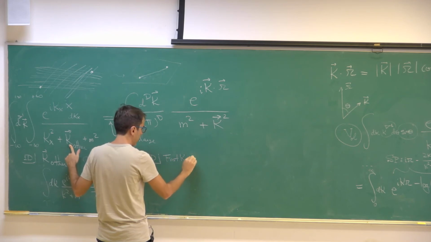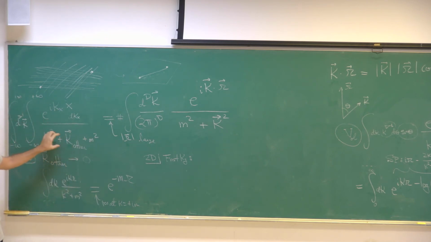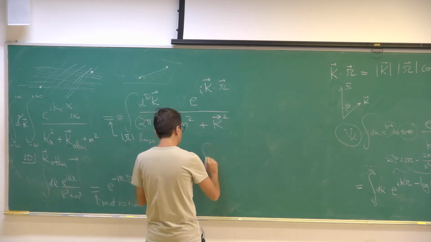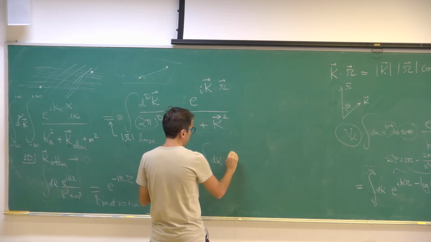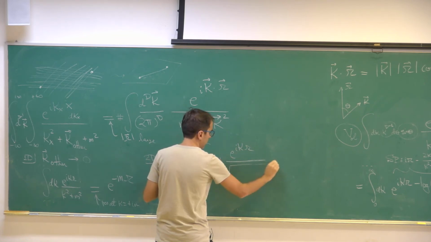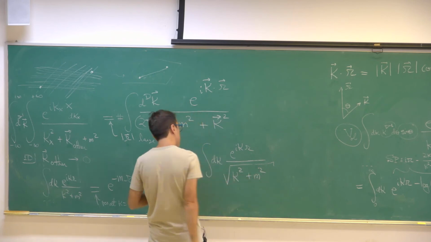ky. If we do the integral over ky, I have a residue at square root of the rest times i and minus square root of the rest times i. Do I close up or down? Doesn't matter. Either is the same. So I do the ky, I pick the residue and I get the integral dk e to the i k r divided by square root of k squared plus m squared.